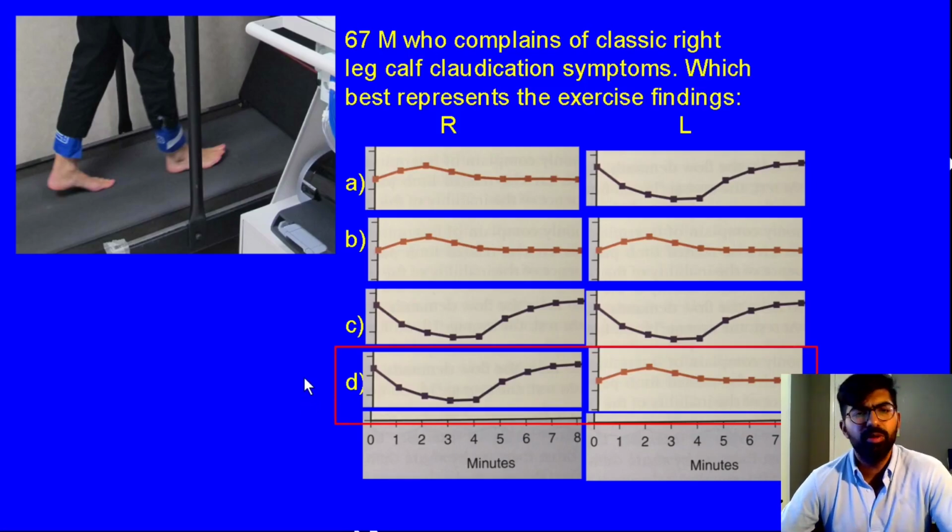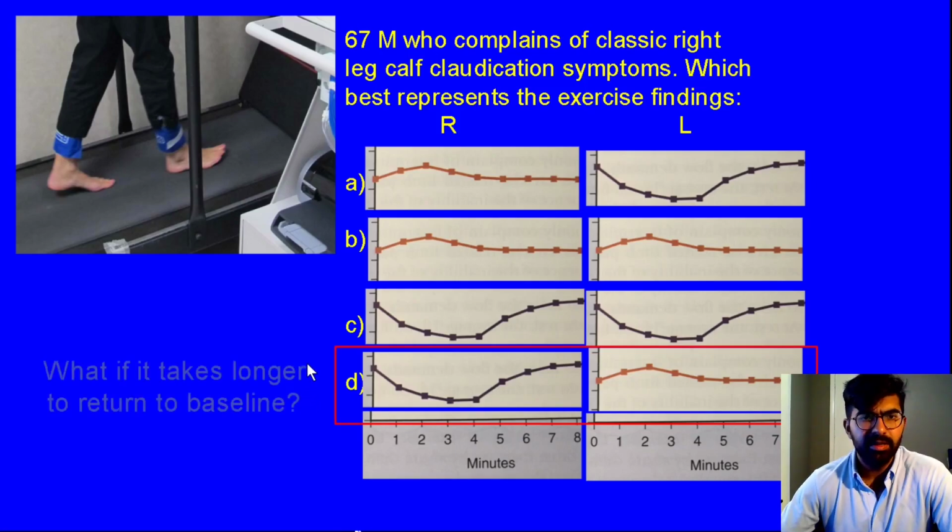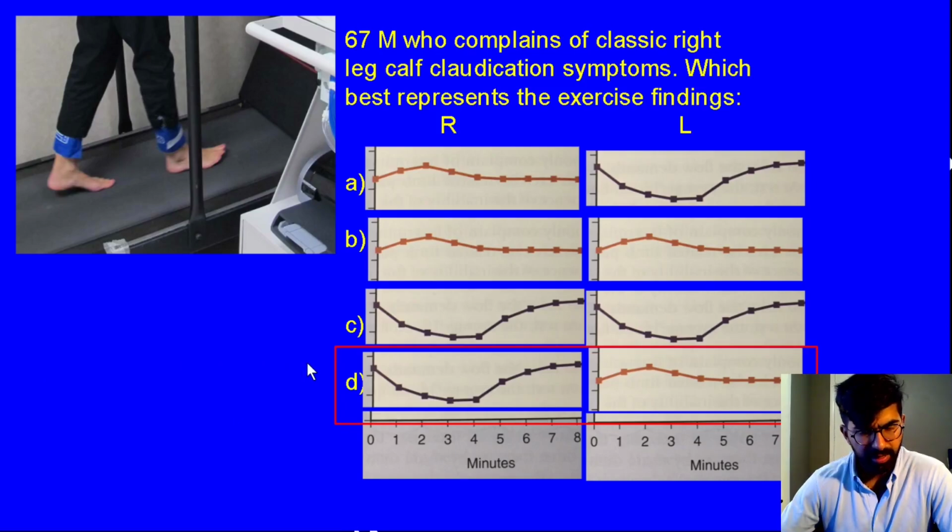So what is the normal response to exercise testing? In a normal individual, you will get ankle brachial index on the left, and this is time. Because of the increased blood pressure, you should get an increase in the ABI, and then as you rest, it'll return back again to normal.